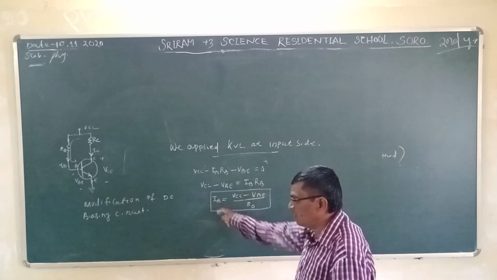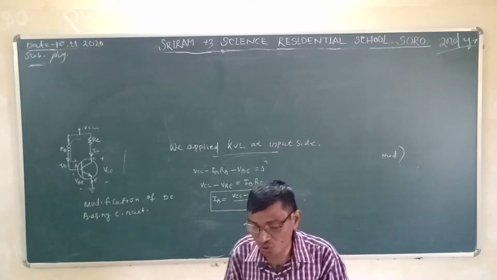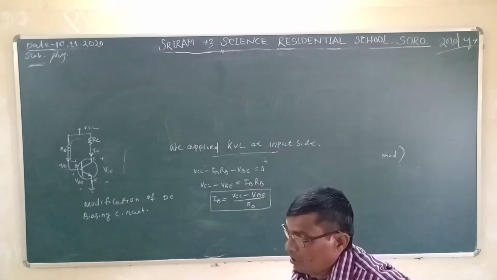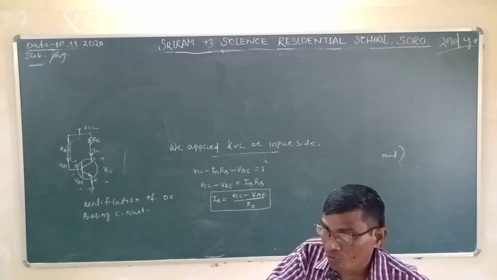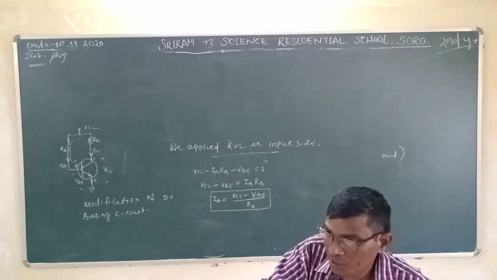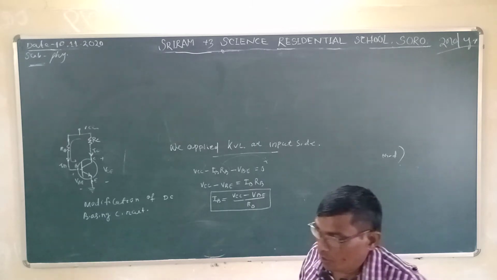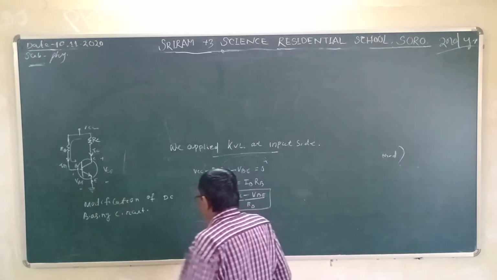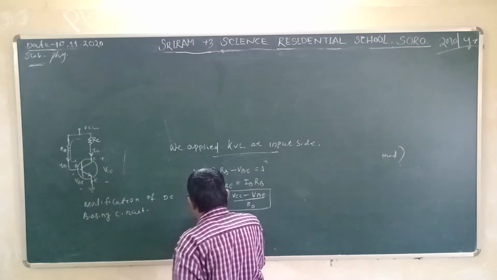This current is the zero signal base current, because in this circuit we do not apply any voltage. We are not applying any source of voltage or AC source.